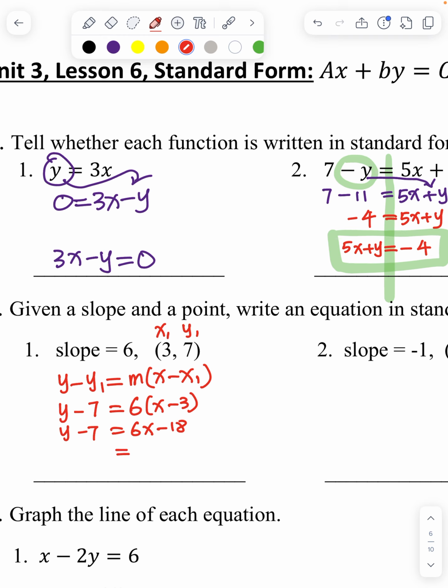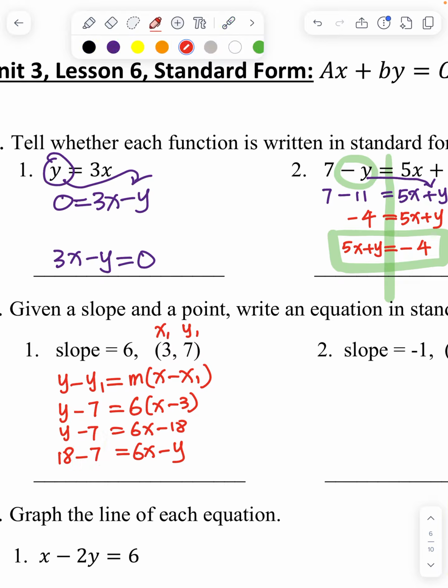So 6x minus y. I'm moving y to the other side to become negative y, and I'm moving negative 18 to the different side to become positive 18. And negative 7 is not moving, so I copy it.